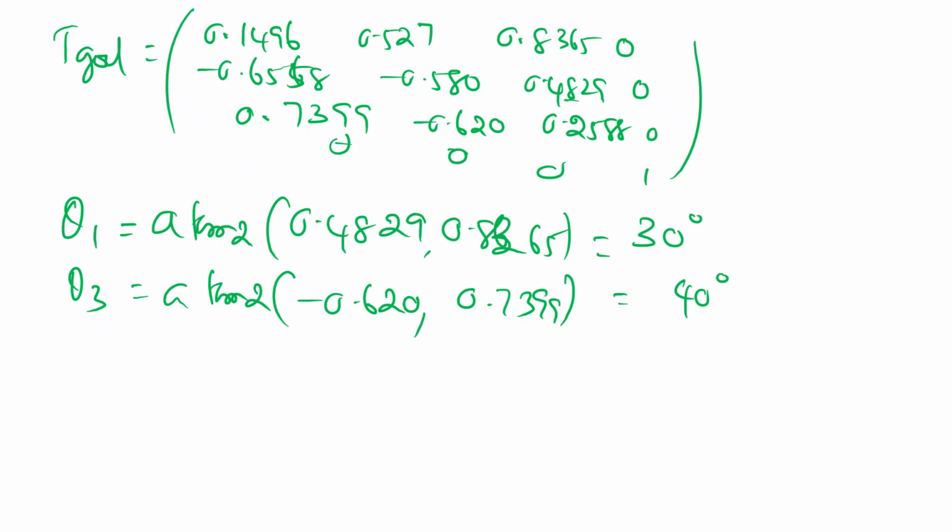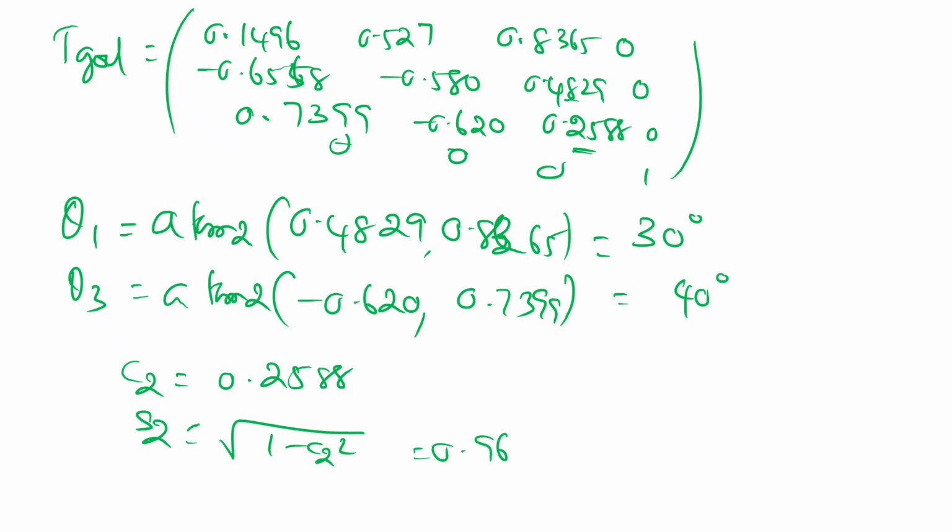Now this term is C2. Either you can divide by S1, or the simple thing is that C2, cos theta 2, is from the matrix 0.2588. You can get S2 also, using the formula square root of 1 minus C2 squared, which is around 0.9659. So theta 2 is arc tan 2 of 0.9659, comma, 0.2588.